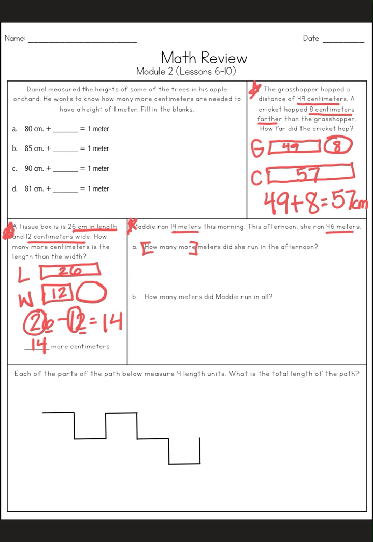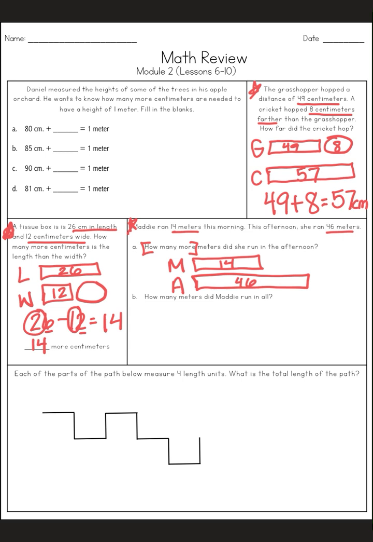So I'm going to set up a strip diagram. Morning, afternoon. The morning, she ran 14 meters. So there's my morning box with 14. The afternoon, she ran 46 meters. So that's a bigger number, so that box is going to be bigger.